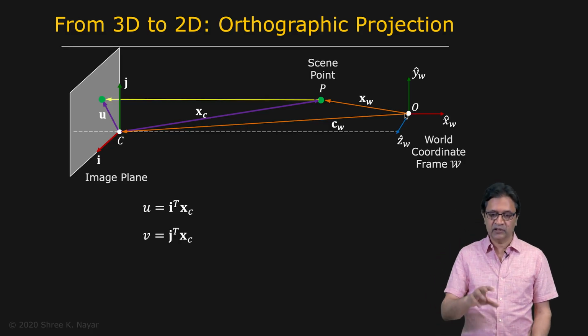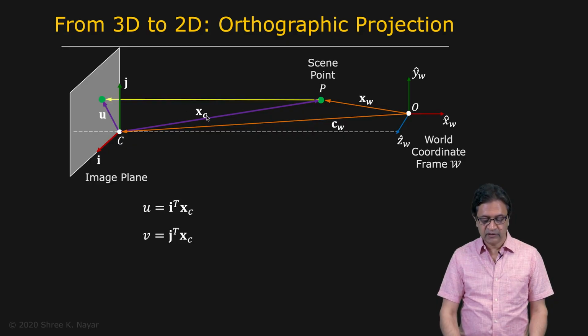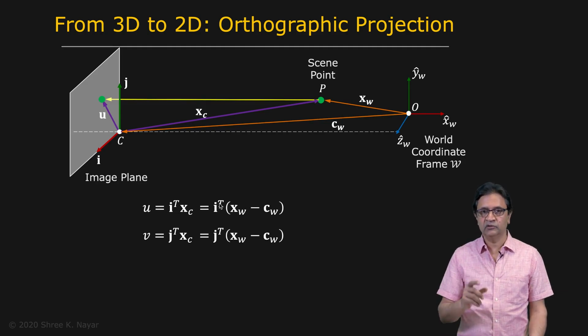So we can now express this vector xc in the world coordinate frame as follows. You can say xc is xw minus cw, and we can define the orientation of the camera given by the two axes I and j in the world coordinate frame, again, unit vectors I and j. So you now have I transpose (xw minus cw) and j transpose (xw minus cw).